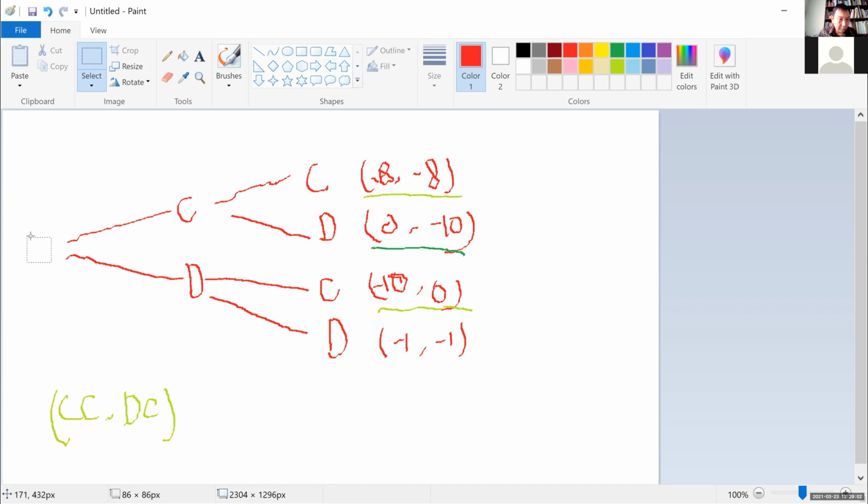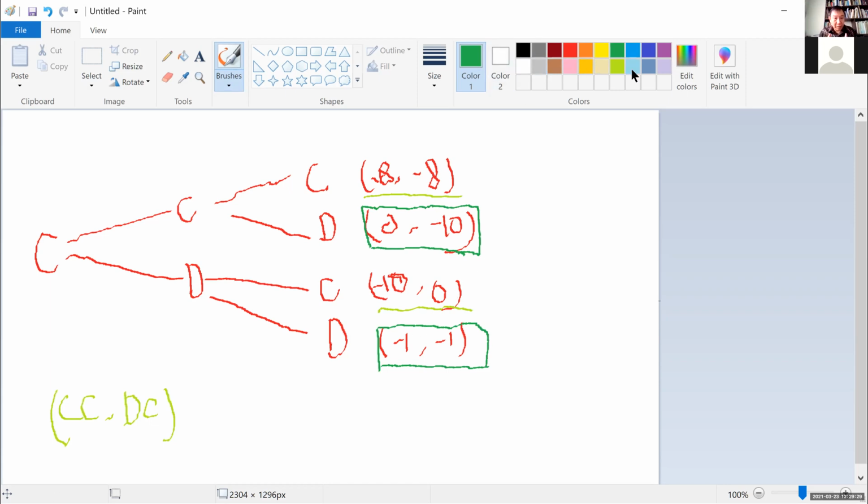Wait, you did not select the plus. Yeah, that is column, right? So if column plays first, now you look at the row. Between minus 8 and 0, you select 0. And then that one, you will select minus 1.